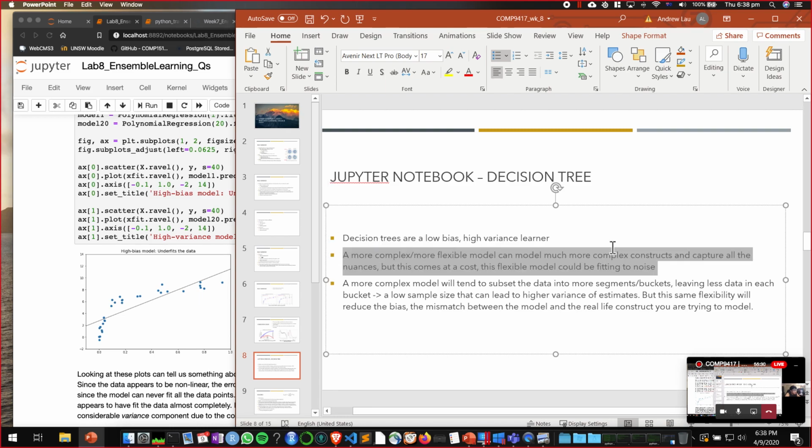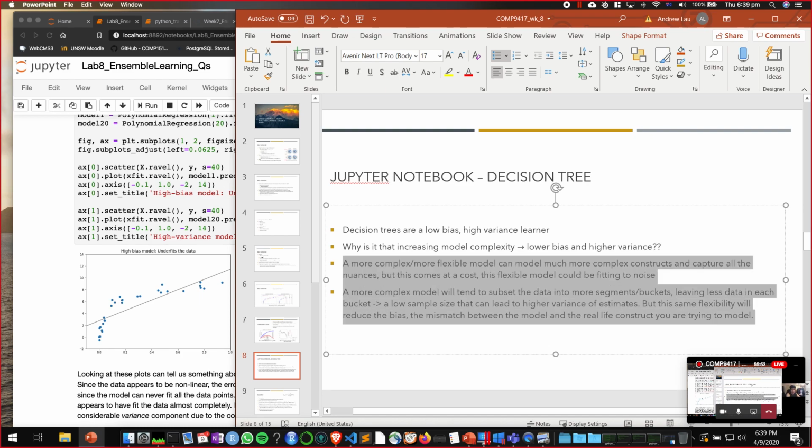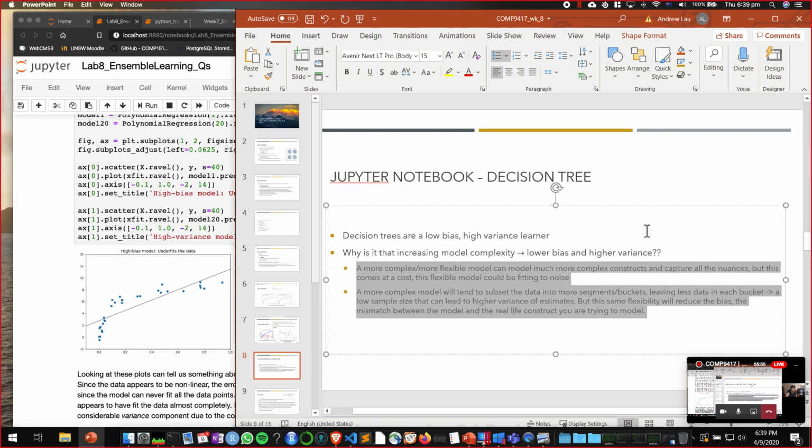Okay, so what I'm trying to talk about is why increasing model complexity leads to lower bias and higher variance. This is how I like to think about it. This is more of an intuitive sort of explanation.